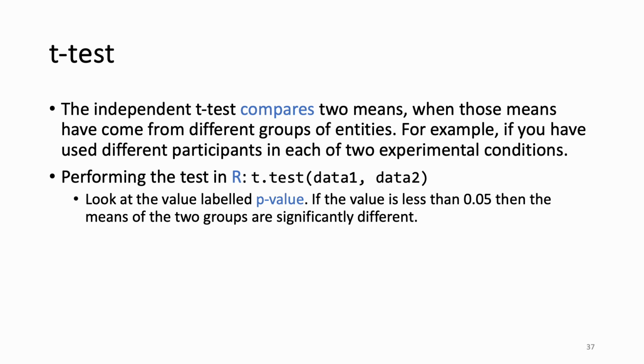To conduct this test in R, we can write this pseudocode t.test, and then we pass the samples as parameters, in this example data1 and data2. Again, we look at the outputs and check the p-value. If the p-value is less than 0.05, then we can say that the means of these two groups or samples are significantly different.